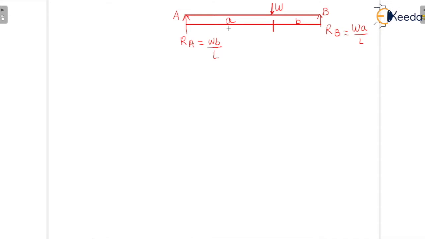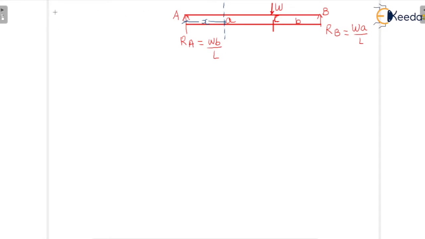Now let us consider what is the bending moment at any section between A and C. This is point C. Let us consider any distance x from the support A. What is the moment at this particular point?